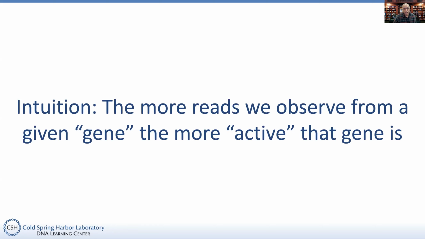Since those observations correspond to the amount of mRNA that we got in our preparation, if we have more reads, then we're assuming that the gene, if it is a gene that we're looking at, may be more active, whatever that means. Sorry to be ambiguous, but it is a little bit ambiguous. It doesn't always have to be a gene, and active may or may not be the right inference.